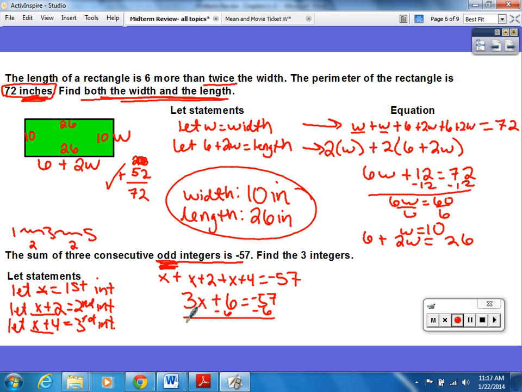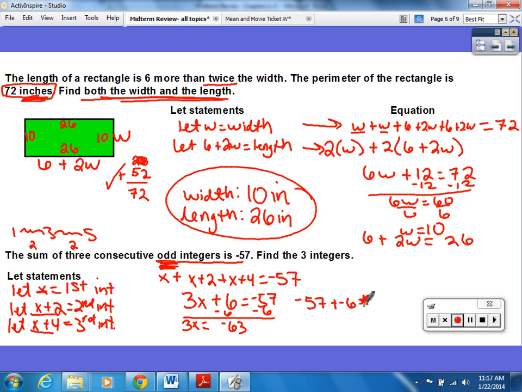Let's remember here that 3x is equal to negative 57 plus negative 6, which is negative 63. Be really careful that we don't make the mistake of writing negative 57 minus 6 is negative 51. Remember that this means negative 57 plus negative 6.